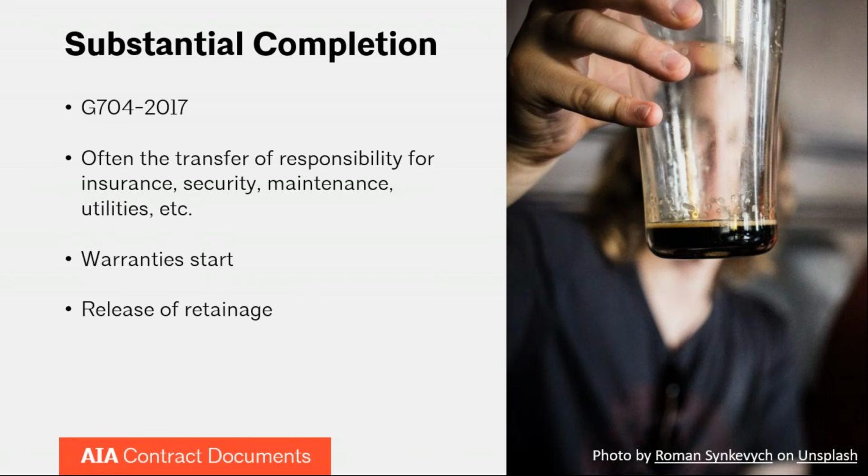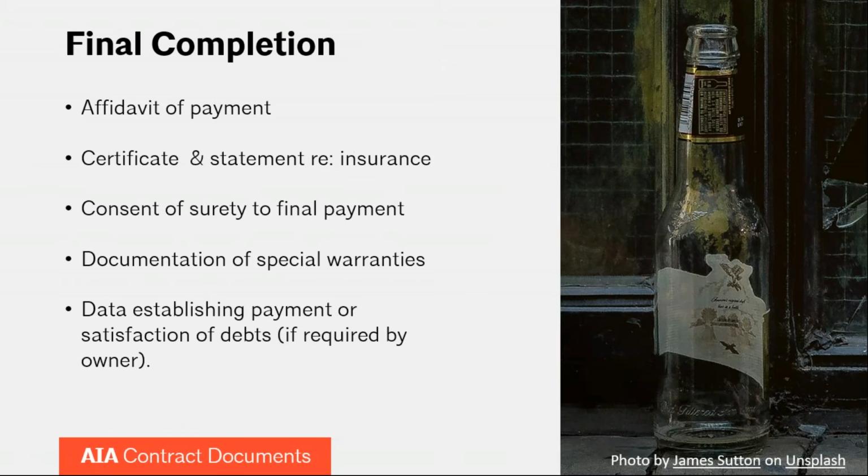Also, typically warranties will start at substantial completion unless otherwise stated, and contractors will know that substantial completion is also the time that retainage that has been withheld since the beginning of construction will be released. So in many ways, substantial completion is a more important milestone in a project than final completion.